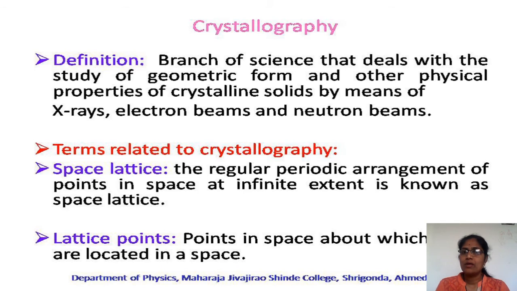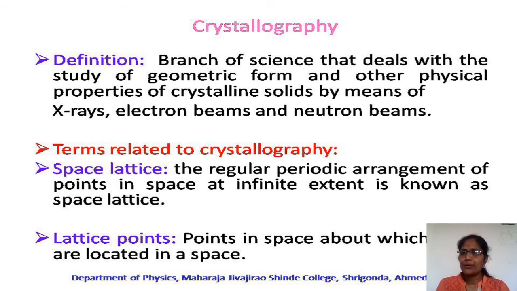So the next point is lattice points. Lattice points means what? Suppose I want to draw a rangoli, then how will I start to draw? I will put a few points at regular intervals. It means that each point that I have drawn will represent a lattice point.